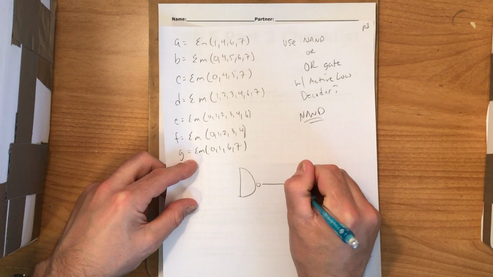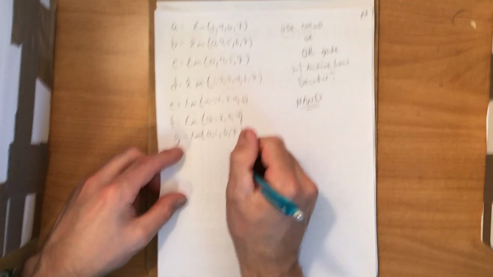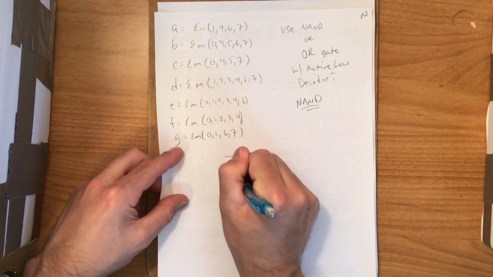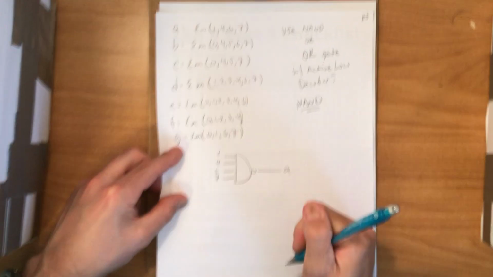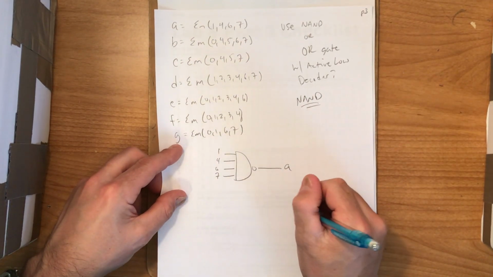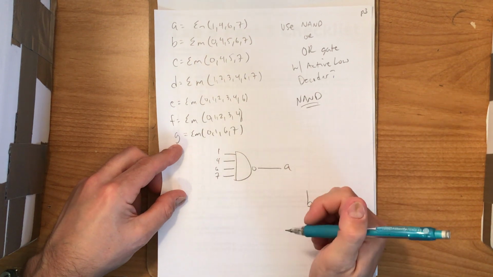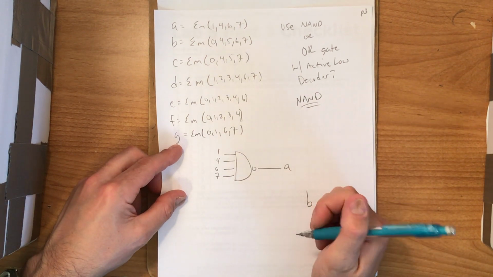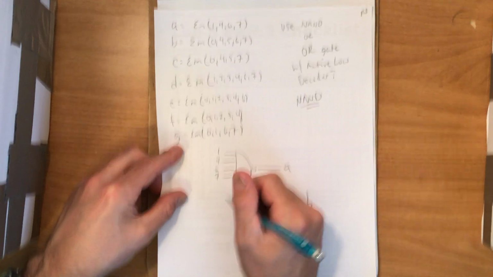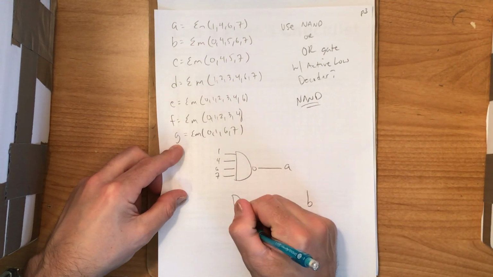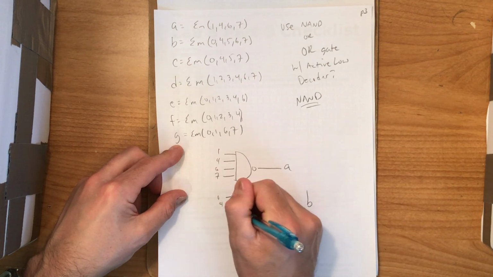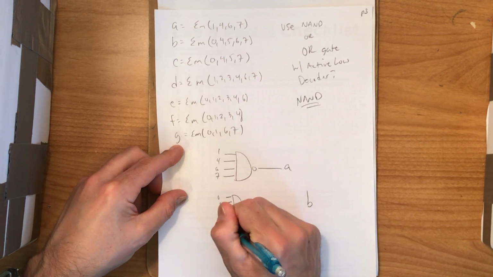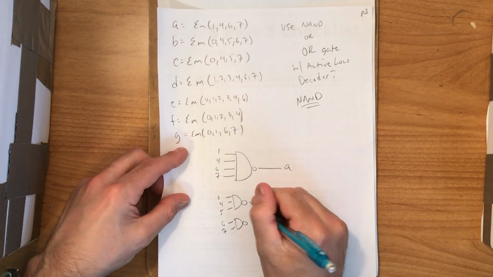So just a rough sketch. Here's what segment A will look like. 4 input gate has 1, 4, 6, 7. B, I'll do it like this. 0, 4, 5, 6, and 7.